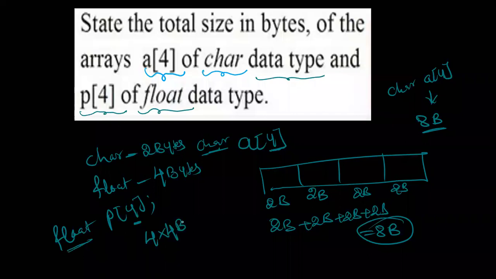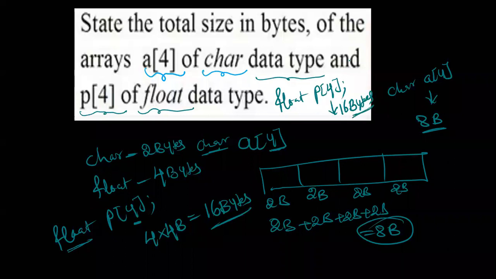So 4 into 4, 16 bytes. In total it is allocating 16 bytes. So for float P4, the size of the array is 16 bytes. Okay, it is very easy.